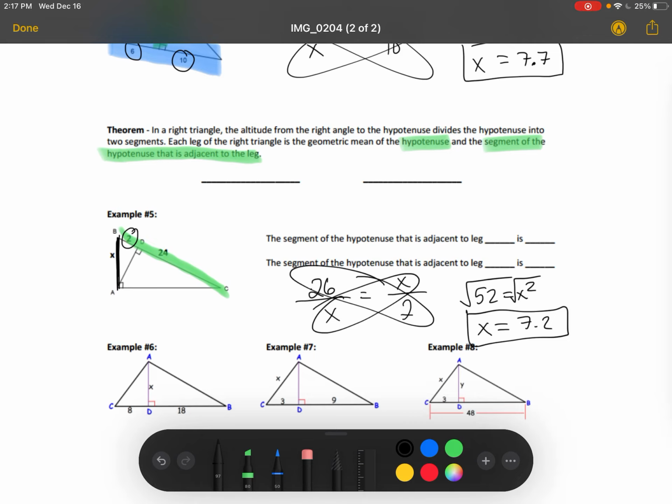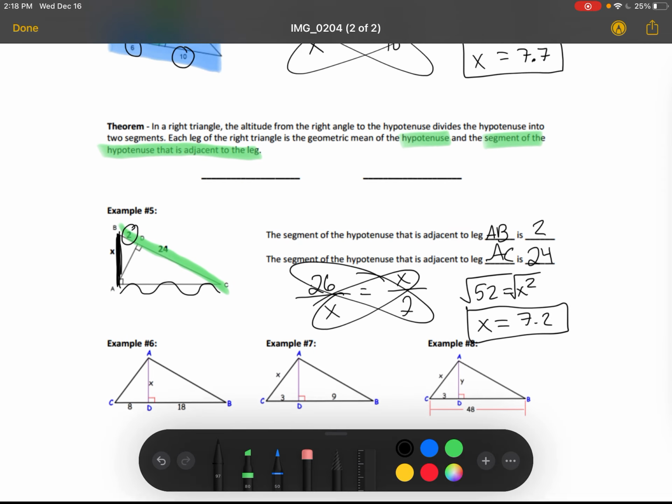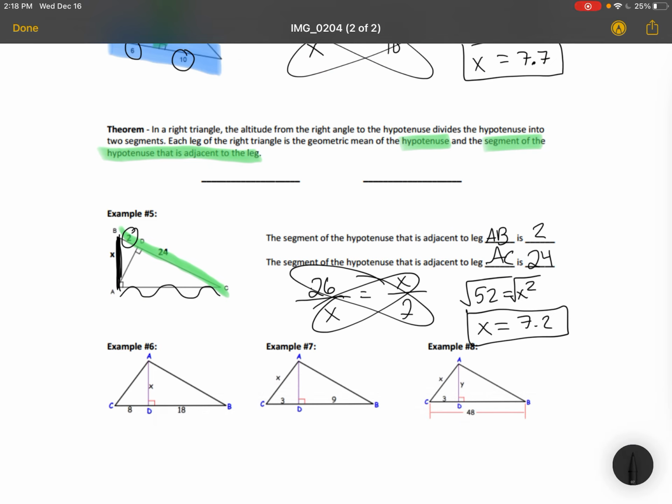So the segment of the hypotenuse that is adjacent to leg AB, or the black one here, is 2. And the segment of the hypotenuse that is adjacent to leg, we'll make it squiggly, AC, is 24. That's the other piece. So regardless of how you set this up, you have the information to set up those proportions, and that's what you're going to be working through when you finish up these questions.